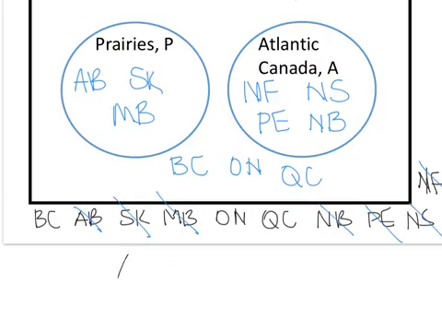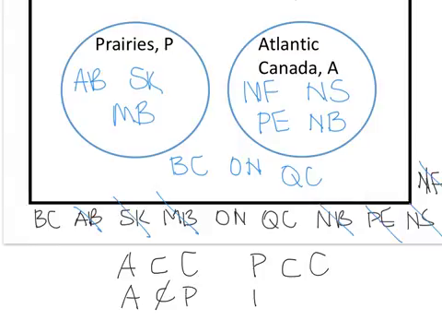We can say that the set of Atlantic provinces is a subset of the set of Canadian provinces. And likewise, the prairie provinces are a subset of the Canadian provinces. We could say something about how the Atlantic provinces are not a subset of the prairies, or vice versa. The prairies are not a subset of the Atlantic Canadian provinces.